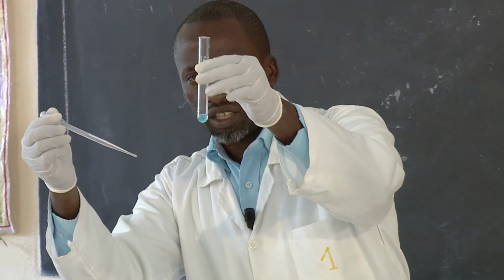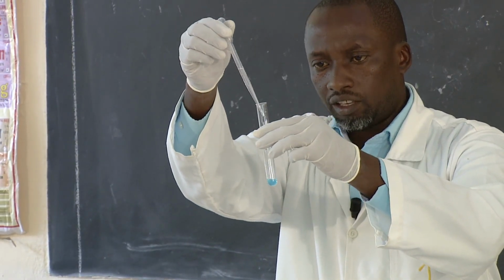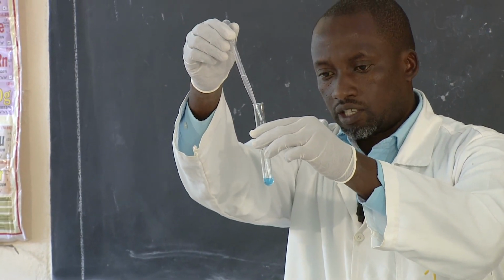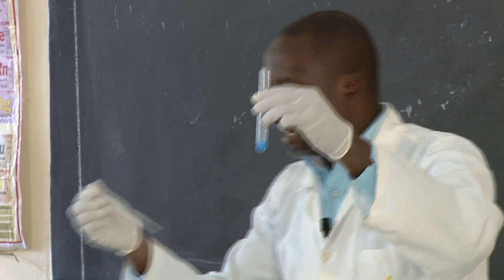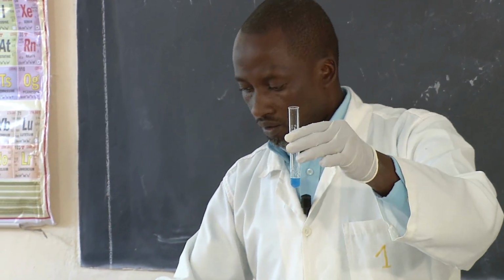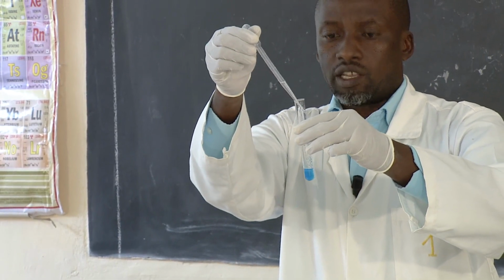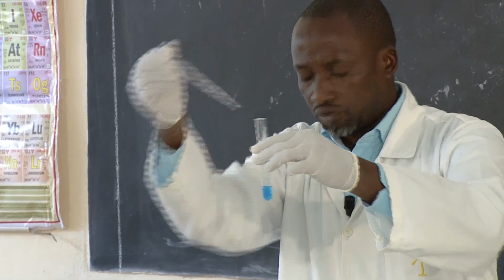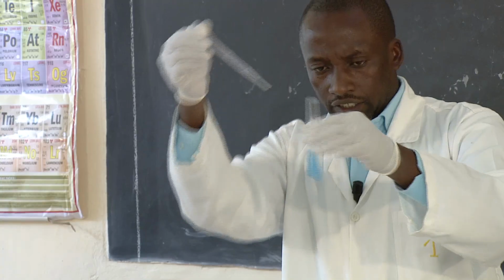See what is happening there. There is a precipitate which is coming. This precipitate looks jellied, so it is jelly-like. That's why sometimes it is called gelatinous. So we have to put excess and shake a bit.